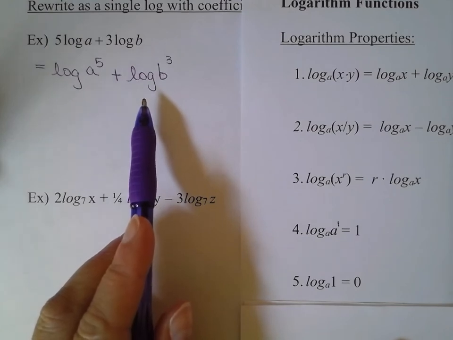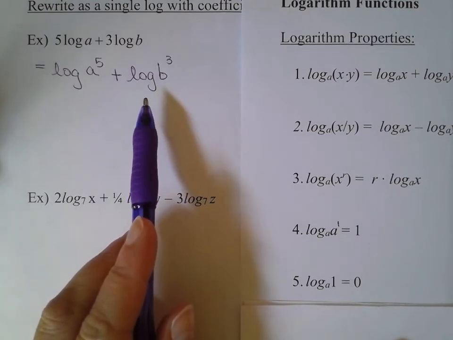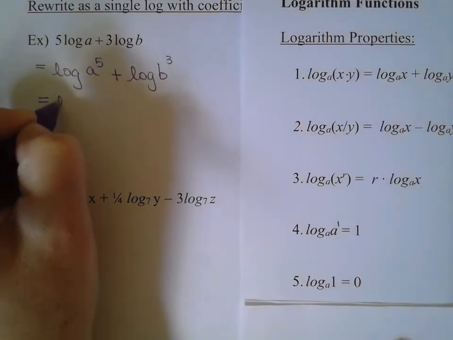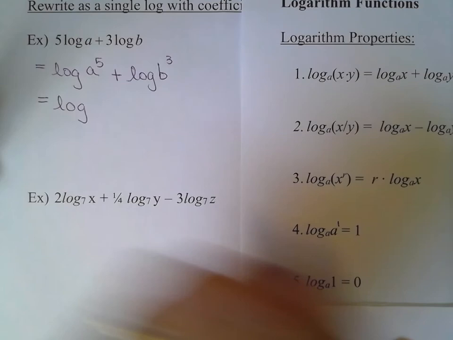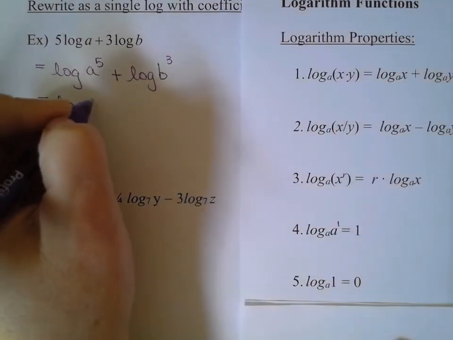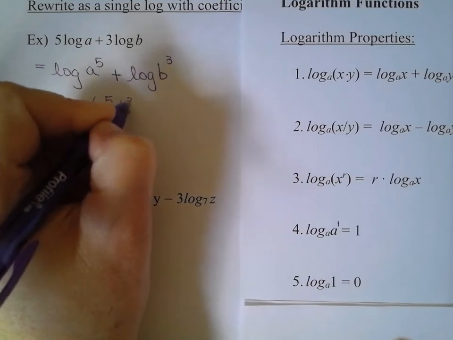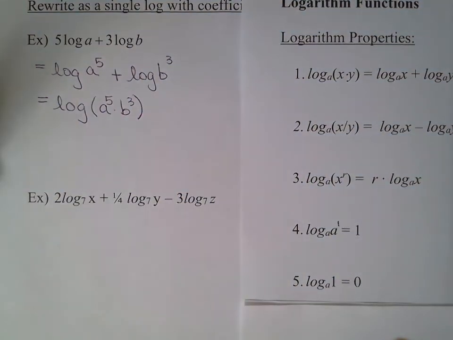It's not listed, so it's implied to be 10, right? We've talked about that. So they do match. So I can rewrite it as a single logarithm of a to the 5th times b cubed. So I've accomplished my goal, right? I've rewritten it as a single logarithm.